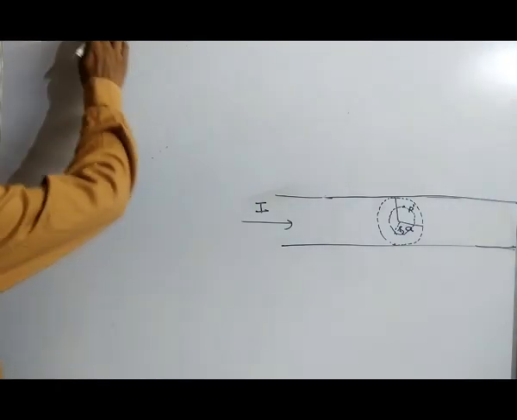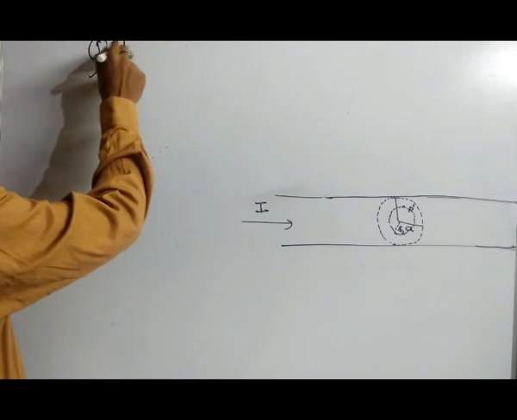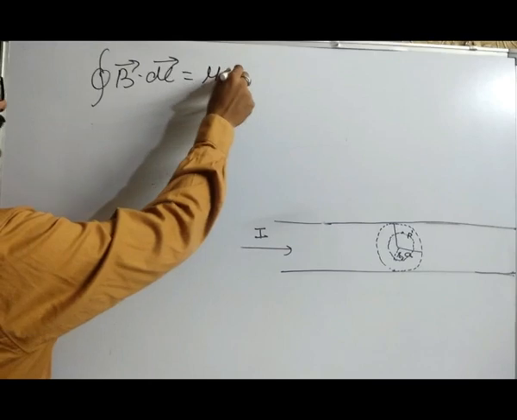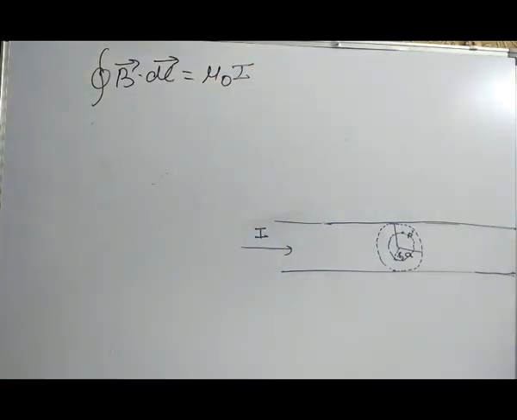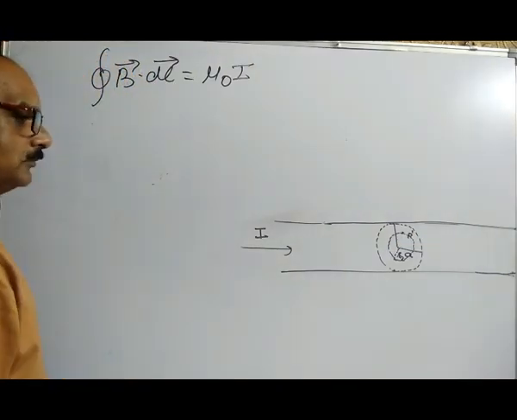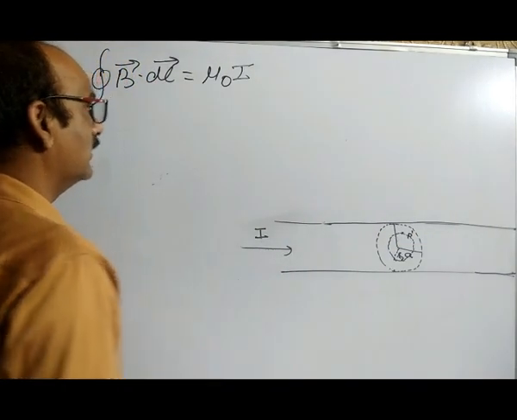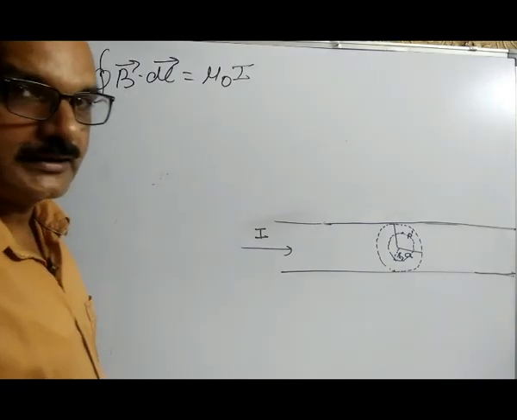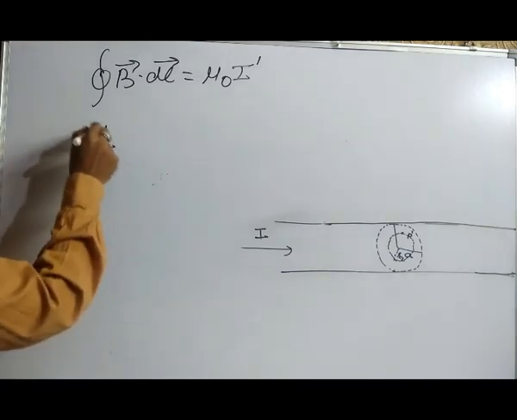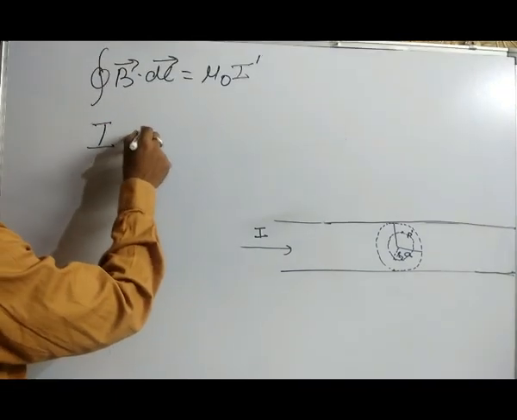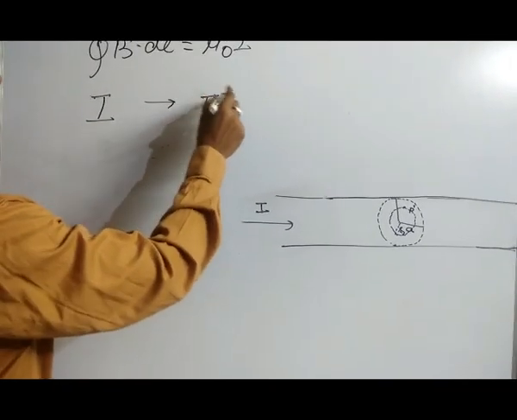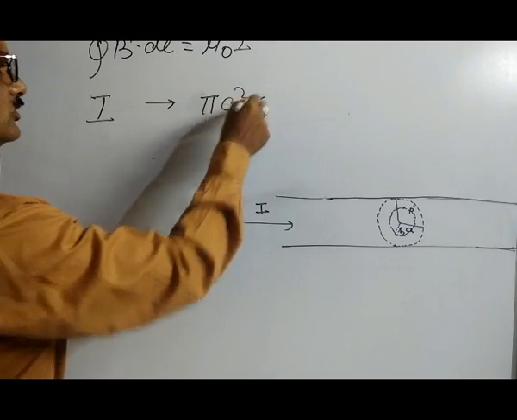Now apply Ampere's circuital law, integral B dot dl equal to mu naught I. But in this case, this Amperian loop is not enclosing current I. It is something different than I. Why? Because I is the current which is distributed in area pi a square.